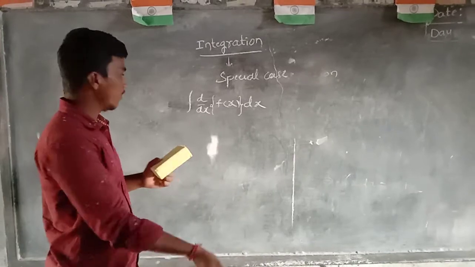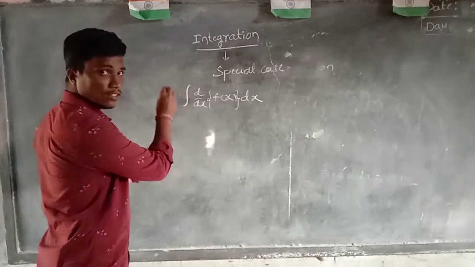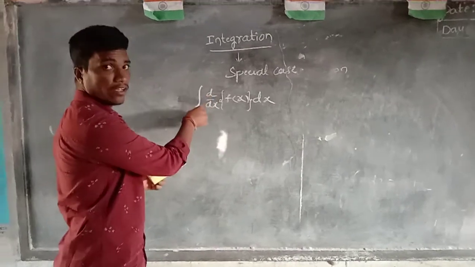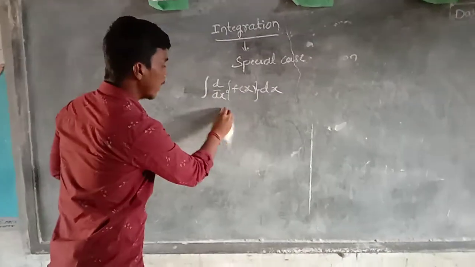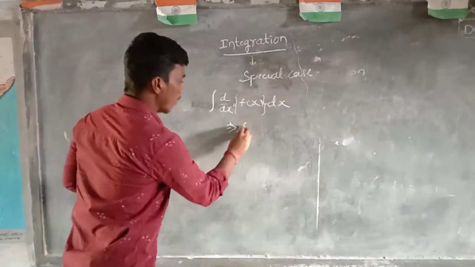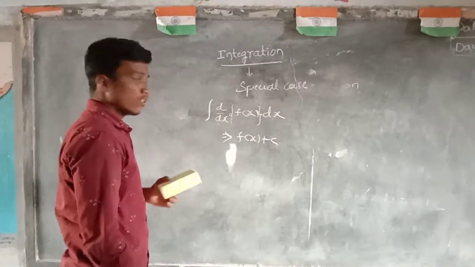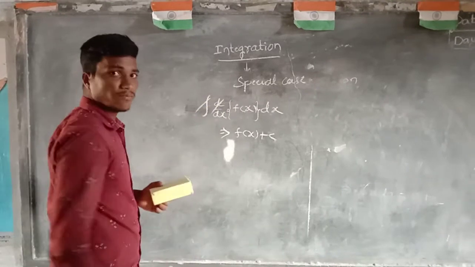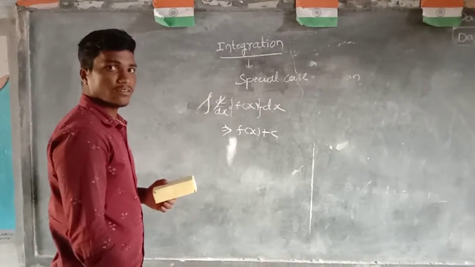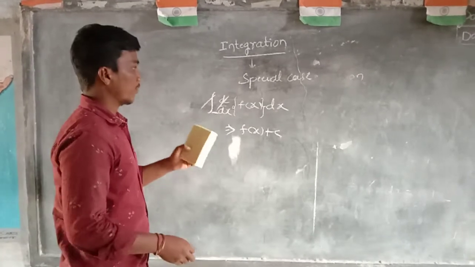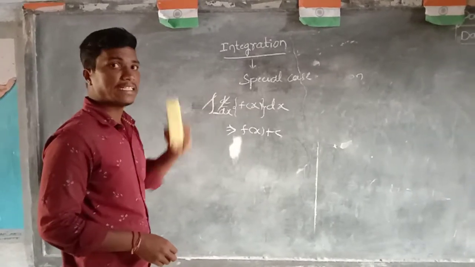This is an integration and this is a differentiation, so it will be nullified. That's why we can easily write f of x plus c. These will get cancelled. So this is a special case of integration.